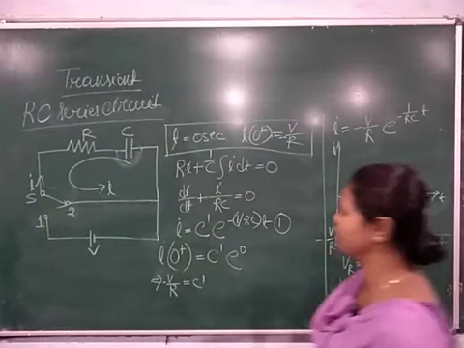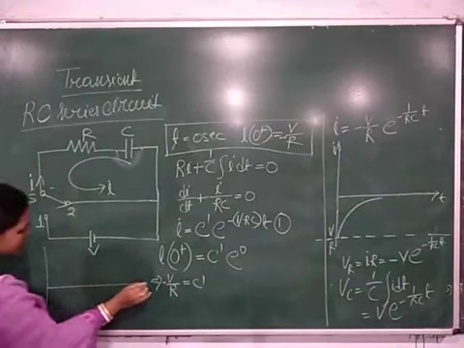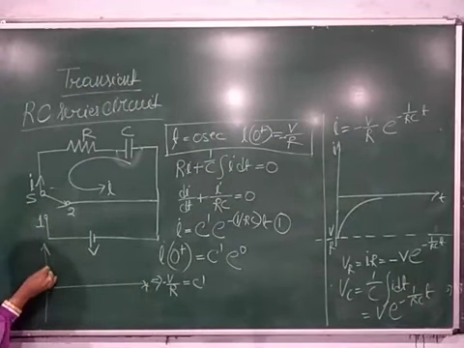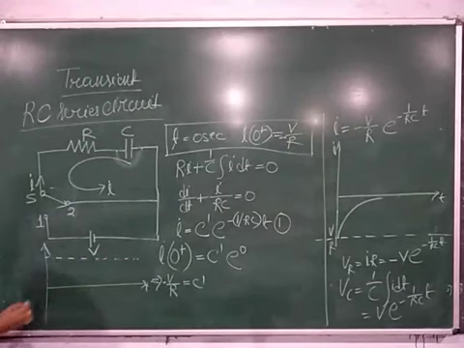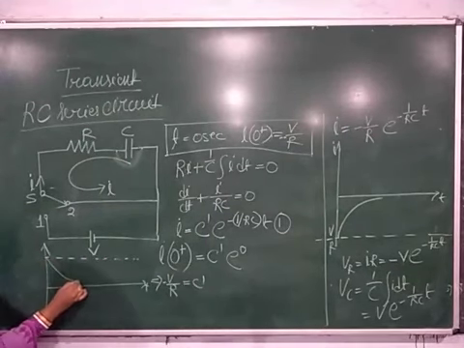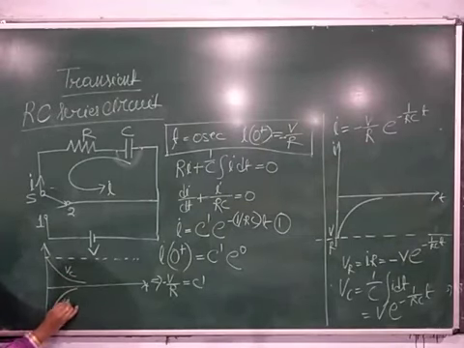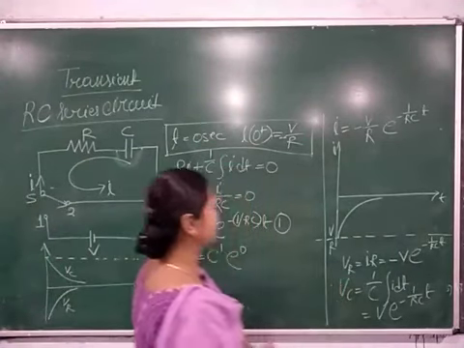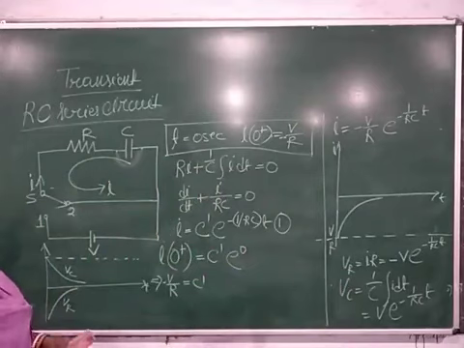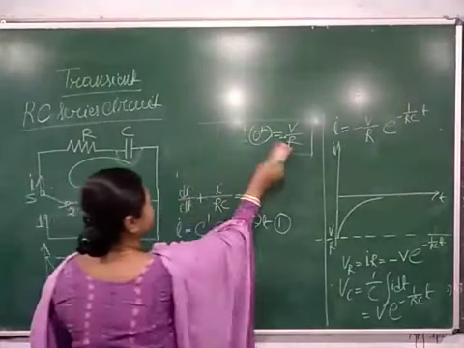If you draw the curve you get this is t, this is the steady value, this is for Vc, and here it is negatively decaying, this is VR. If you multiply current in this equation you get power during discharging in the case of resistor and capacitor.